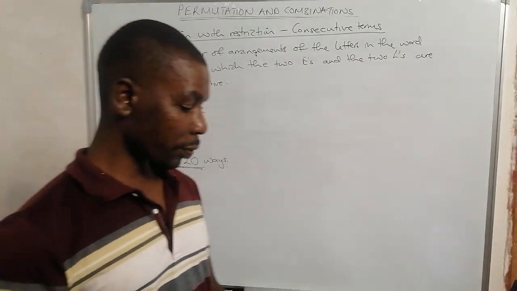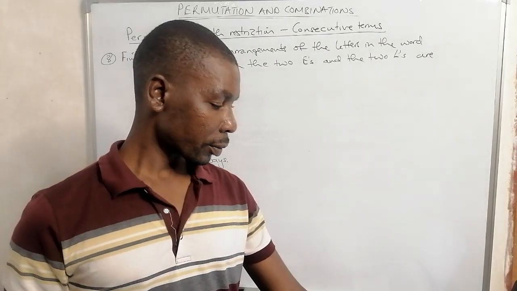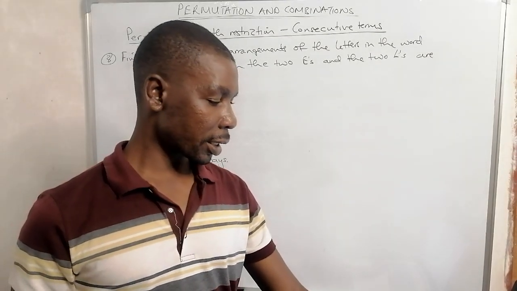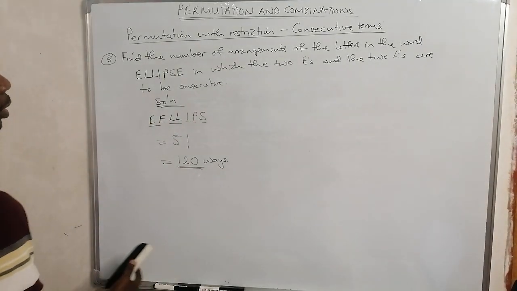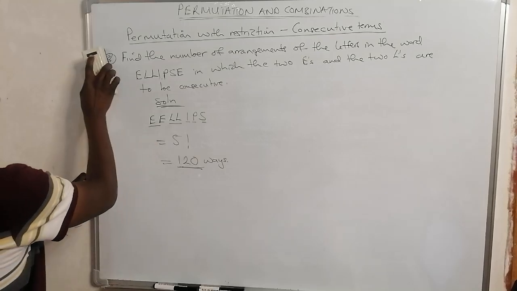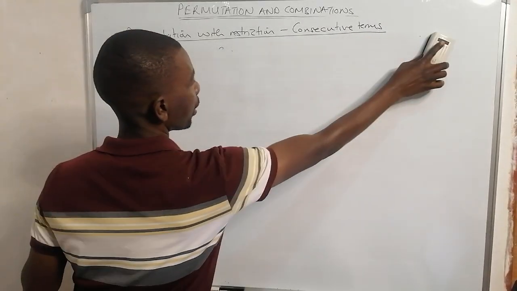Right, so let's move on to permutation with restriction, starting or ending with a letter. Permutation with restriction, but starting and ending with a letter.